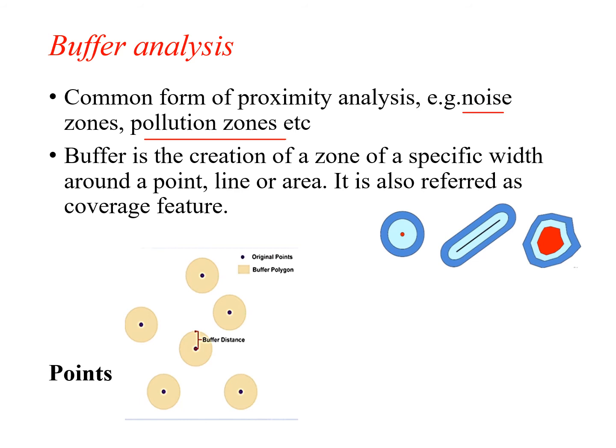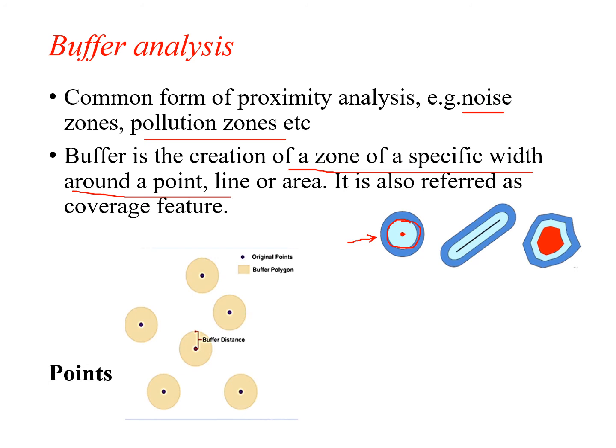Now, buffer is nothing but the creation of a zone of a specific width around a point, or it could be a line, or it could be an area. You can see in this diagram there is a point, and that could be anything: a tree, a structure, or a society. Surrounding this feature is the buffer.